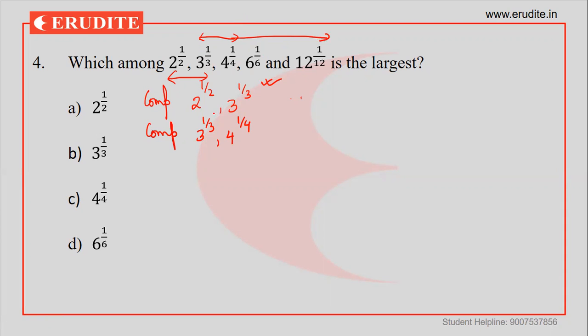So rather than going with these two only, let me go with the entire comparison of 3 to the power 1/3, 4 to the power 1/4, 6 to the power 1 by 6 and 12 to the power 1 by 12, because everywhere I have to use this 12 concept.